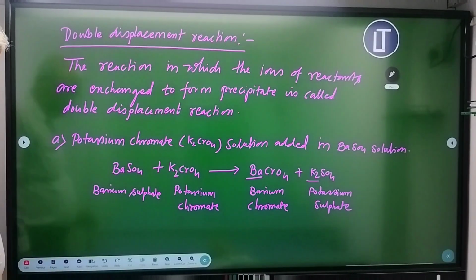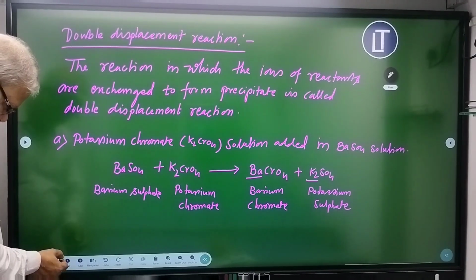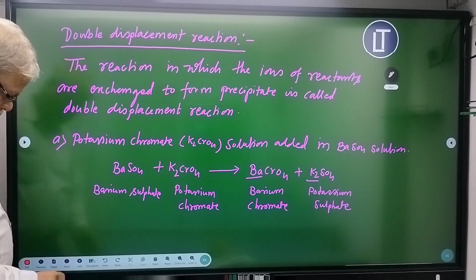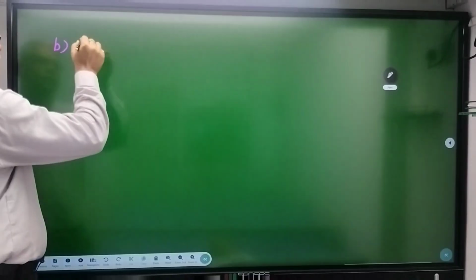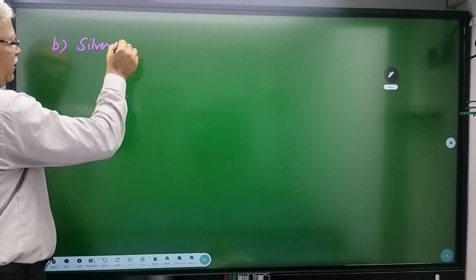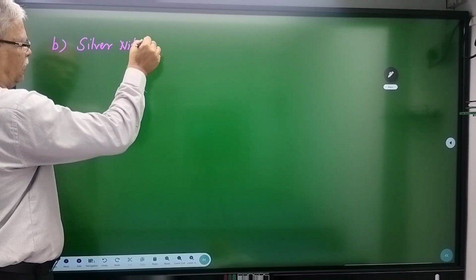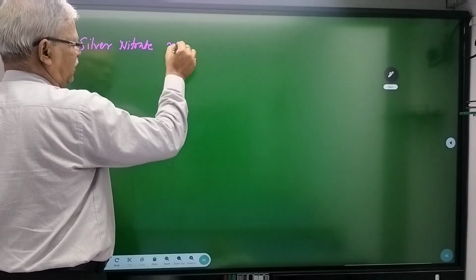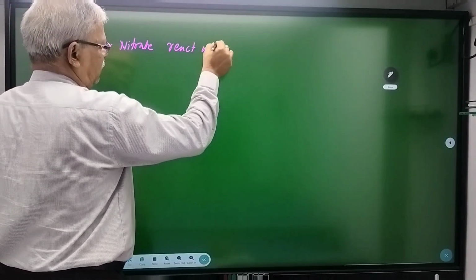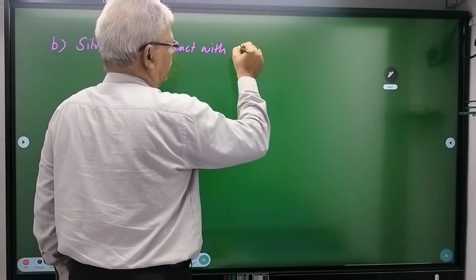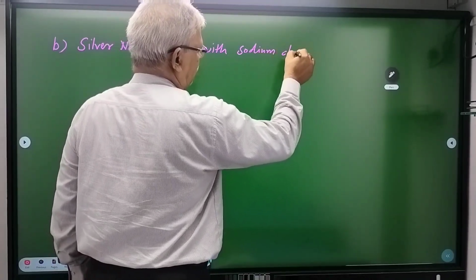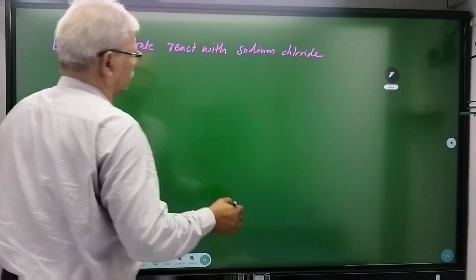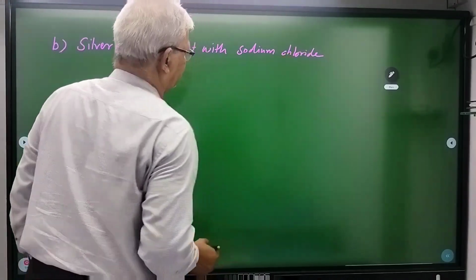Okay, this is one double displacement reaction. I am going to take another, one more: silver nitrate reacting with sodium chloride. Okay.